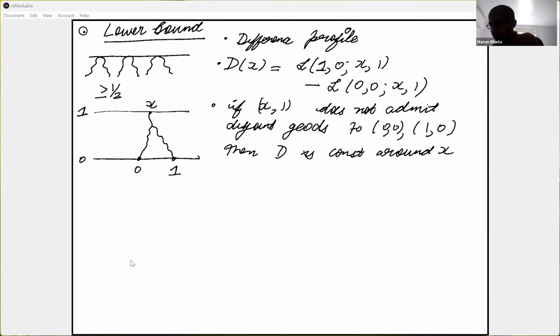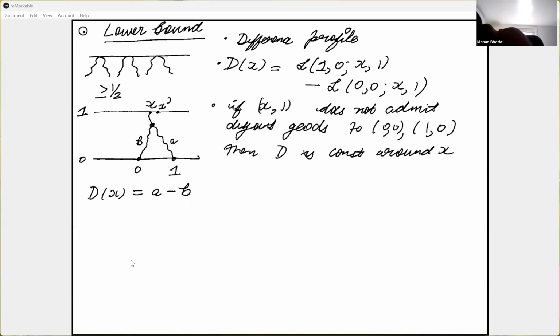And why does that happen? That actually happens because of coalescence. So I'll tell you why. This is the point where these geodesics meet, and say the length of this path is A and the length of this path is B. Then you can of course write that d of x is A minus B, right? Because the other part is common. And now I took a point x prime here, very close to x.